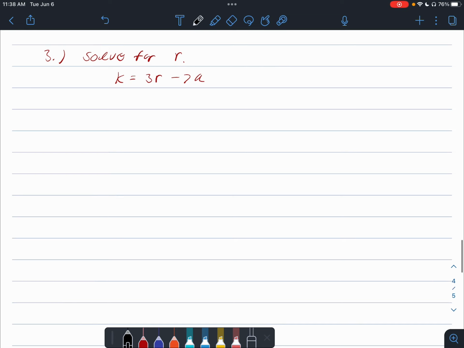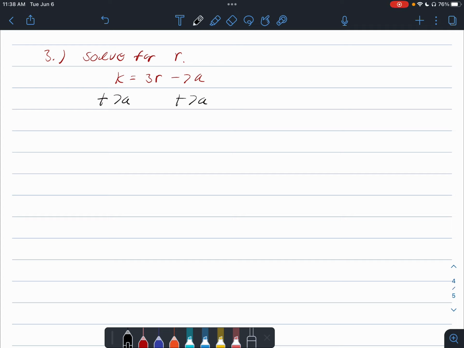For our next example, we are going to solve for r. And in this situation, we're given k is equal to 3r minus 7a. Okay, so again, our goal here is to isolate r all by itself on one side of the equation. So to do this, we can add 7a to both sides.